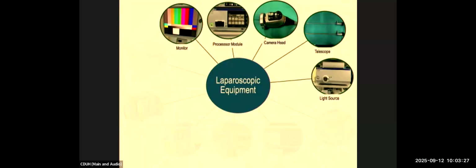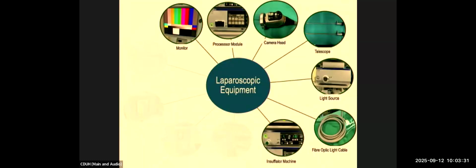In my lecture, these are all the laparoscopic equipment that I'm going to talk about, which include the monitor, the processor module, the camera head, the laparoscope, the telescope, and then the light source, also the fiber optic light cable, the insufflator machine.